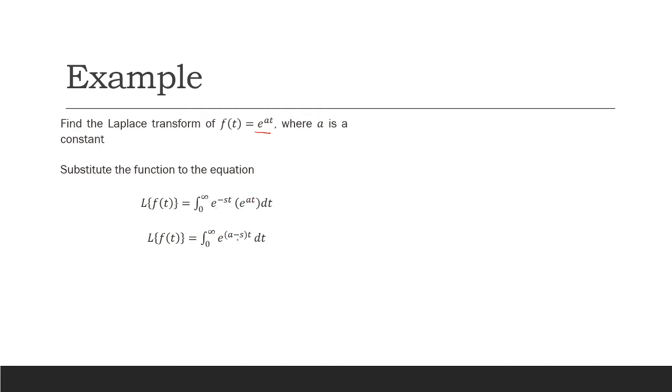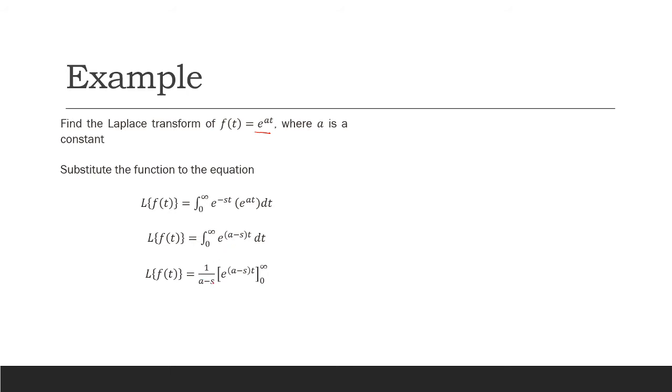Pag finactor out natin yung t, yung exponent niya will be a minus s times t. So yung equation na kakalabasan natin is integral from 0 to infinity of e raised to negative a minus s times t dt.